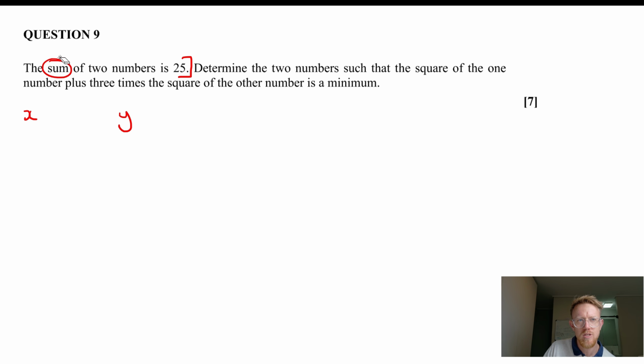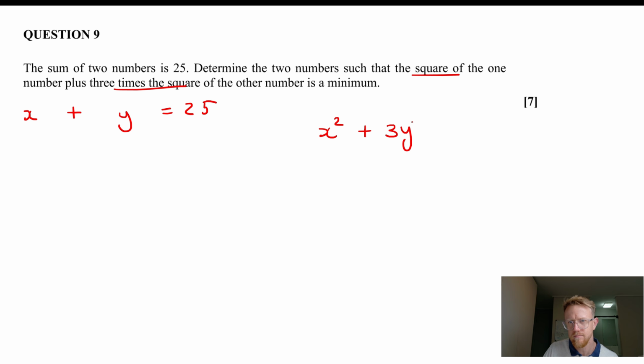The sum, so when you add them together, should give you 25. Now, determine what the two numbers are such that the square of the one number, plus 3 times the square of the other, is a minimum.